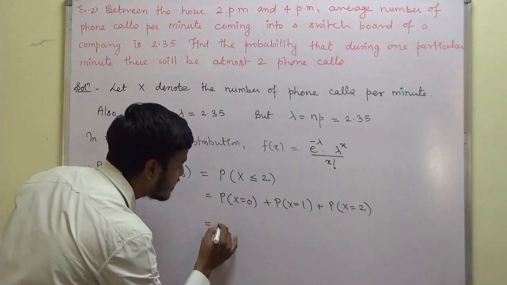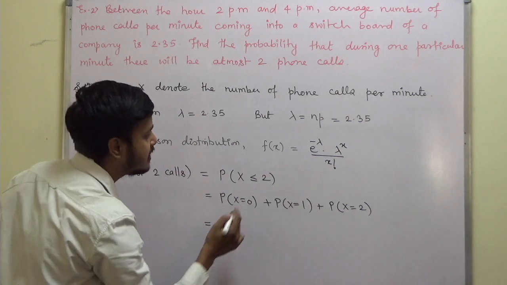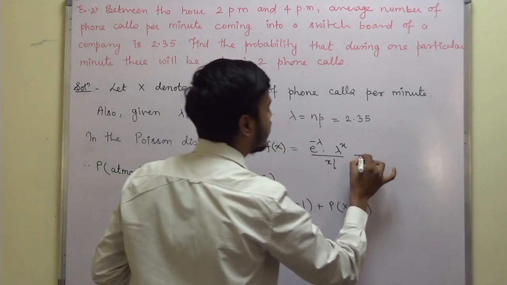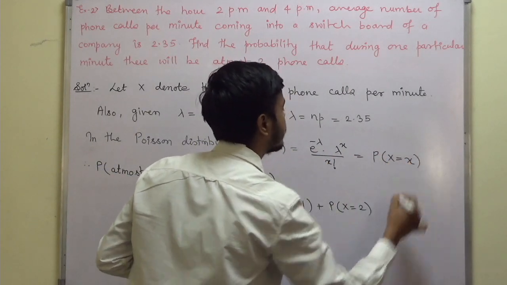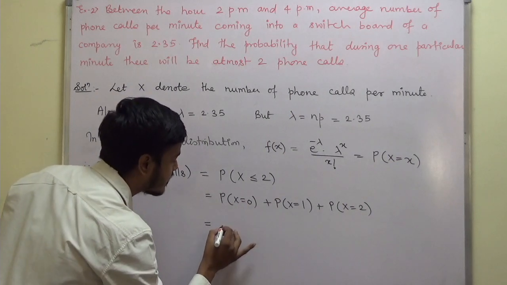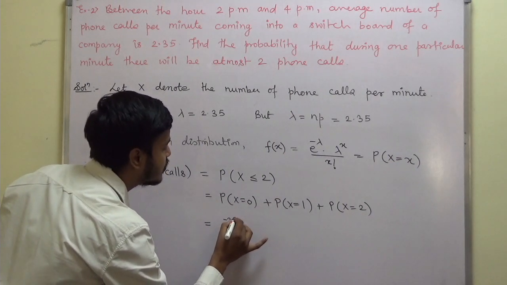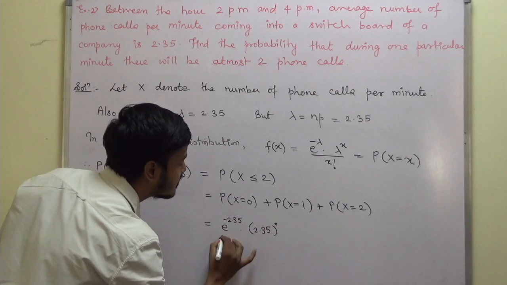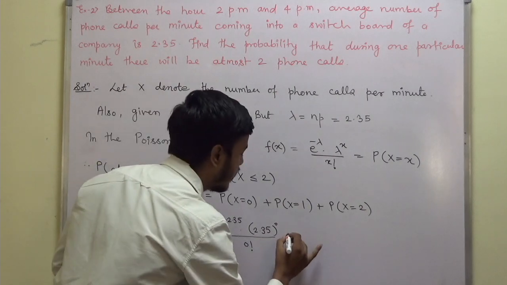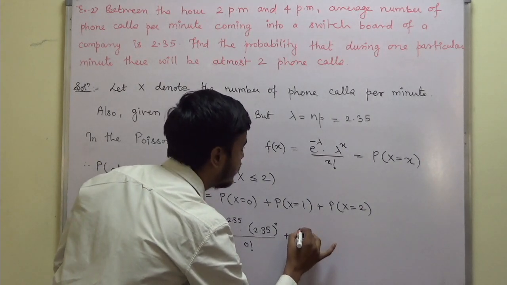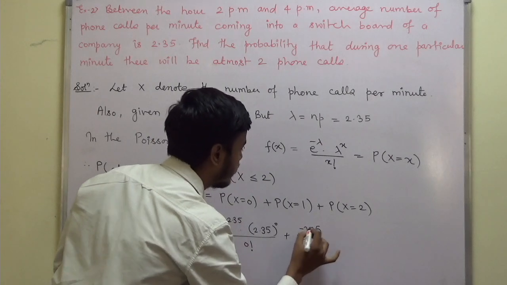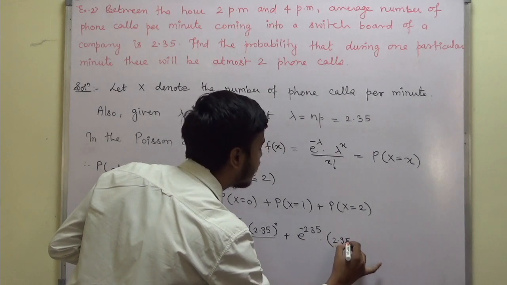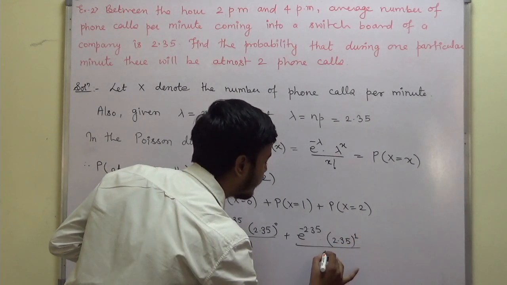So now you can just substitute, making use of this f of x, which we also write as probability of x equal to x. So this is e to the power minus 2.35 into 2.35 to the power 0 upon factorial 0, plus e to the power minus 2.35 into 2.35 to the power 1 upon factorial 1.